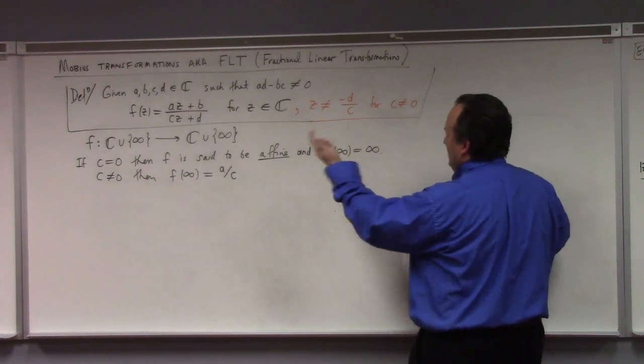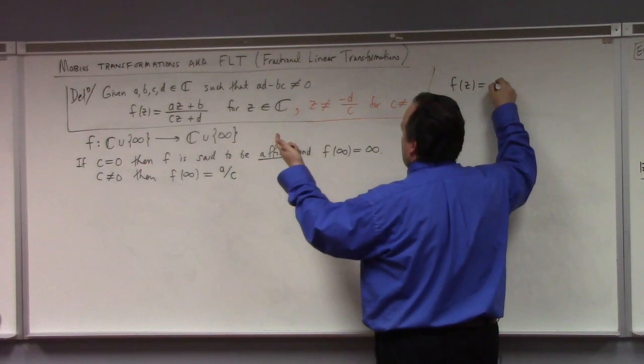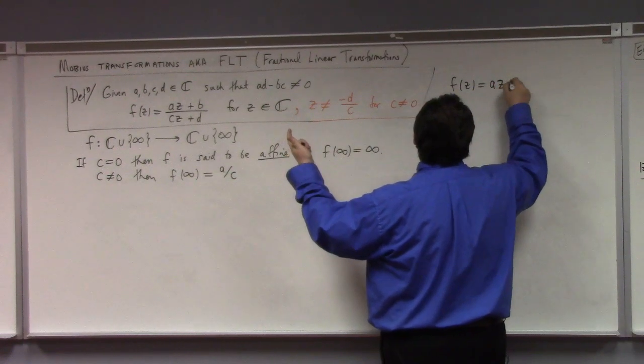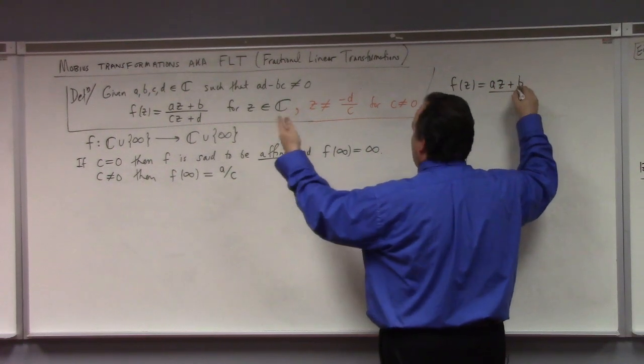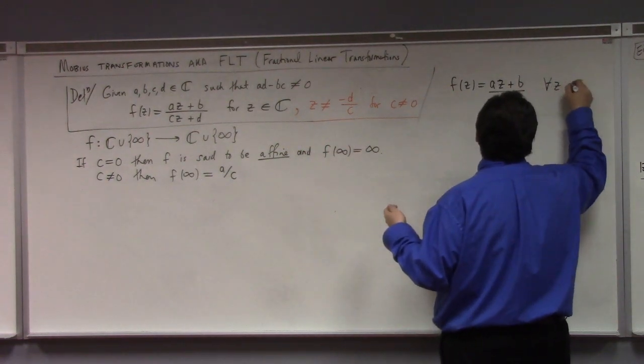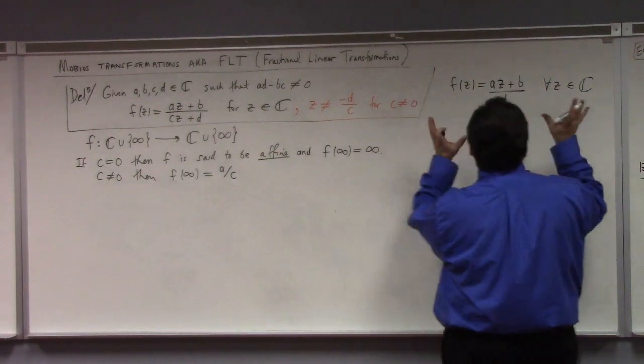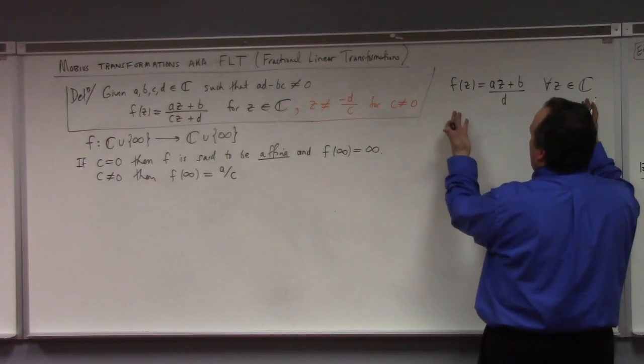so what's the definition? You just have f of z equal to az plus b over d, for all z, in the c equals 0 case.